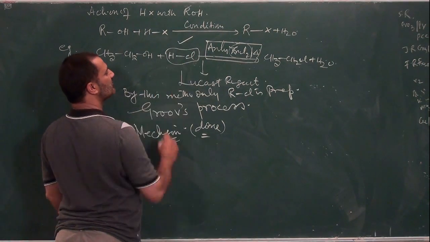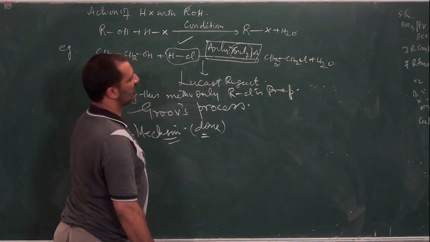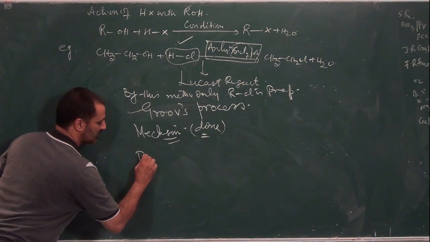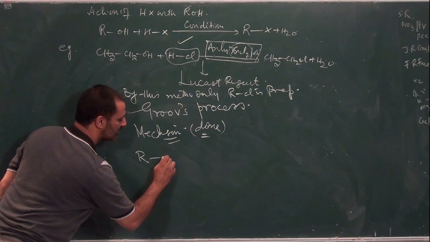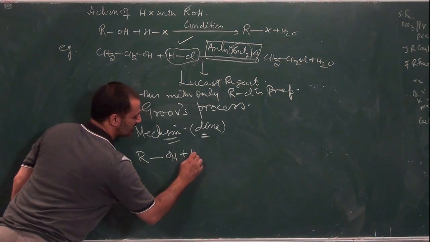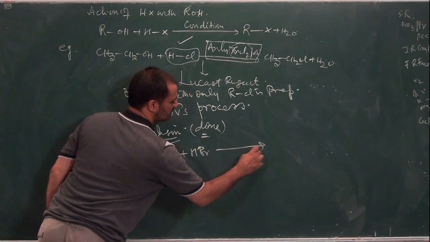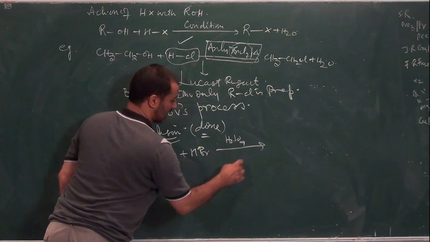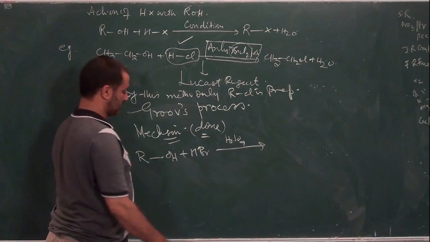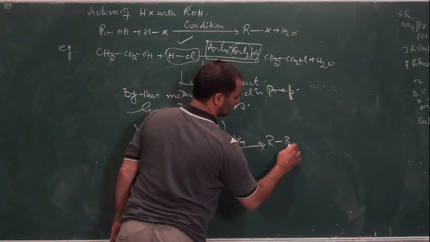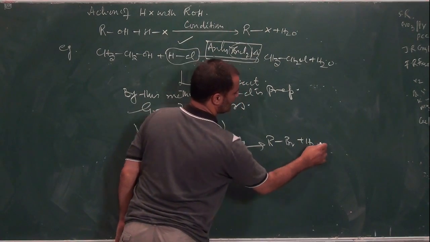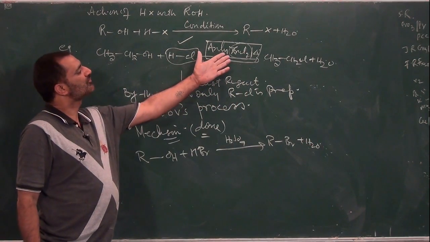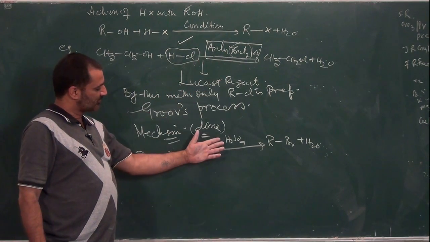If I want to prepare alkyl bromides from alcohols, what do I have to do? ROH plus HBr in presence of H2SO4. H2SO4 is another dehydrating agent, giving RBr plus H2O. Here we cannot use zinc bromide. Why?